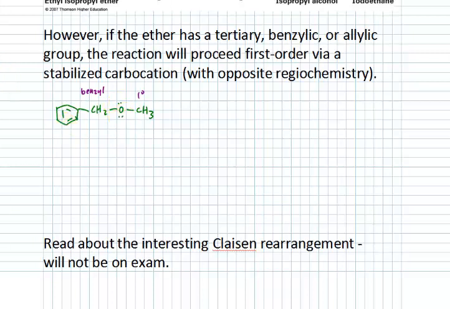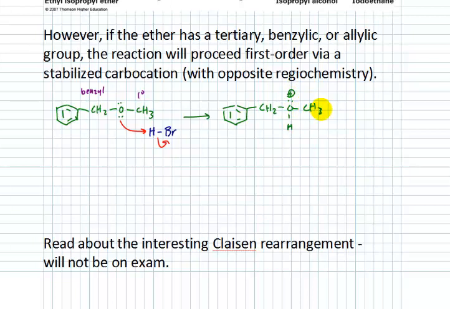So just like usual, the first thing we'll do is protonate the oxygen. Benzene ring, CH2, O plus, H, CH3.